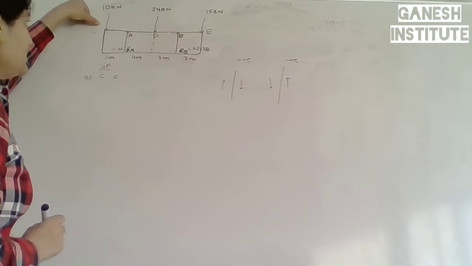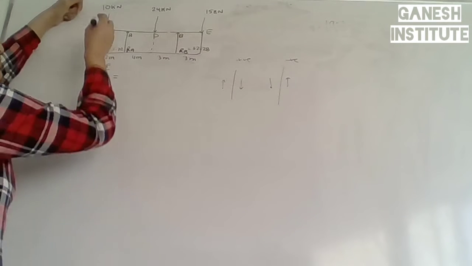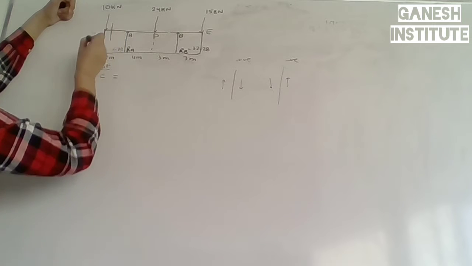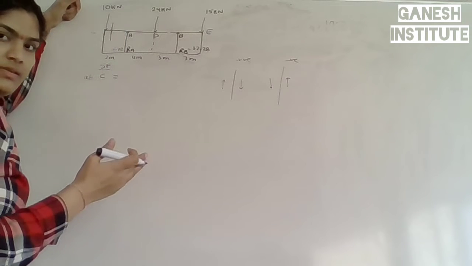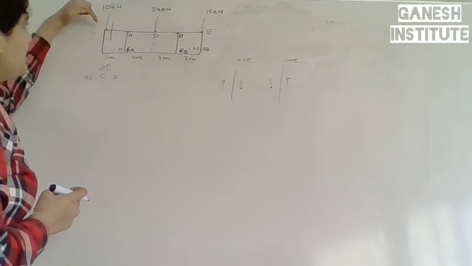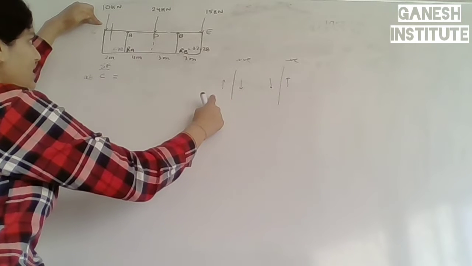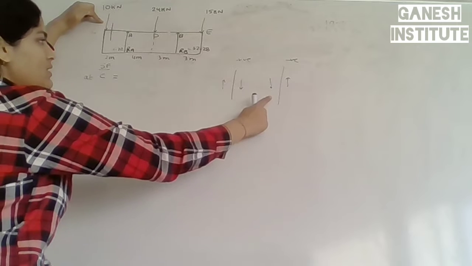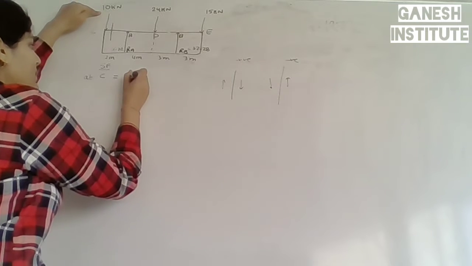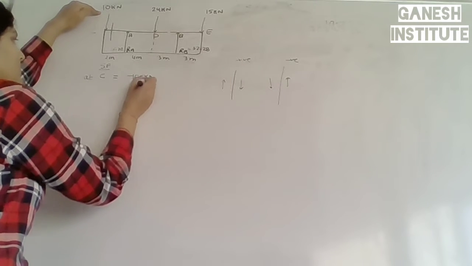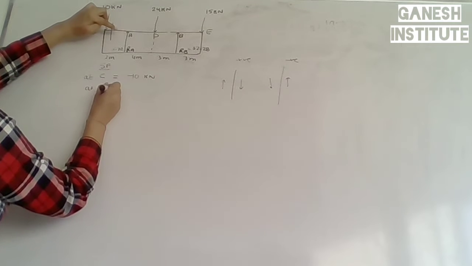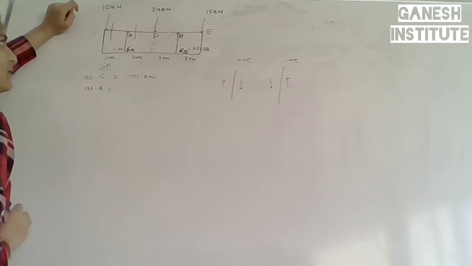So at C, this is the downward force. At C, I am making a surface. Left side of the surface, downward force is negative. So minus 10. At point A, let's again make a surface.